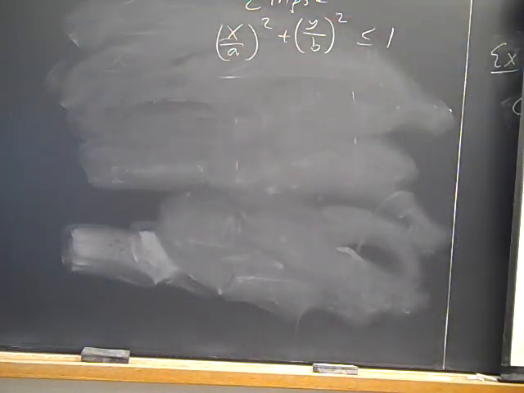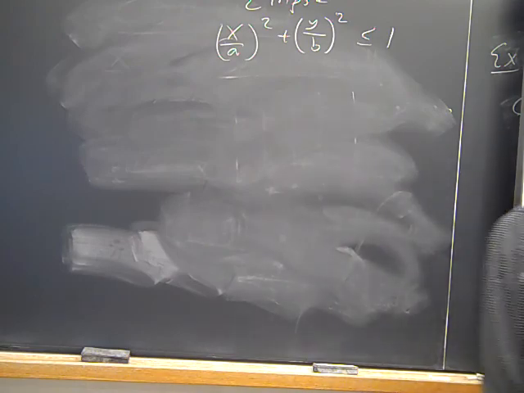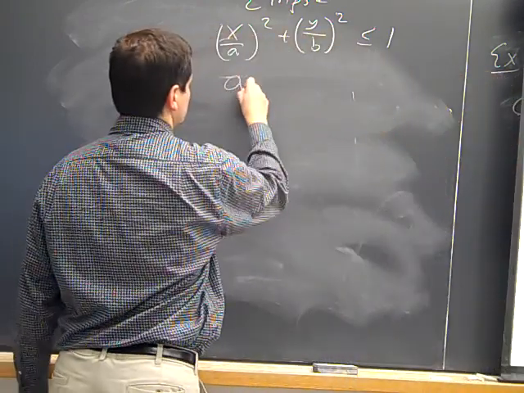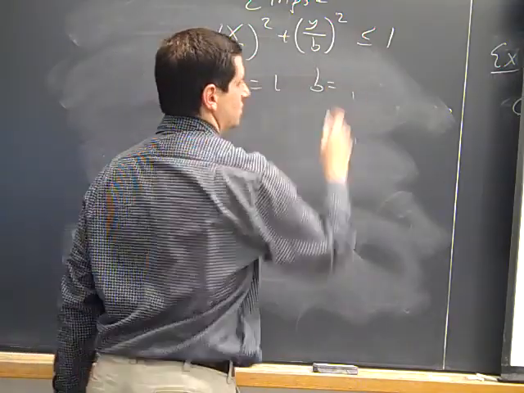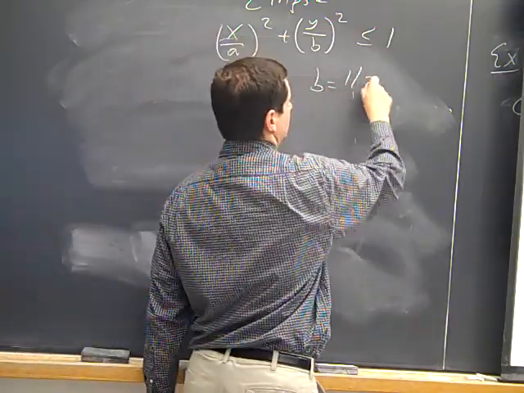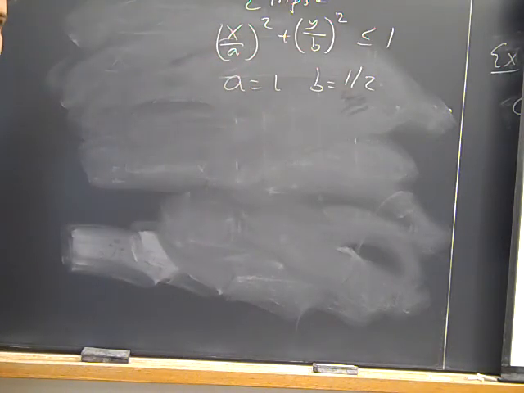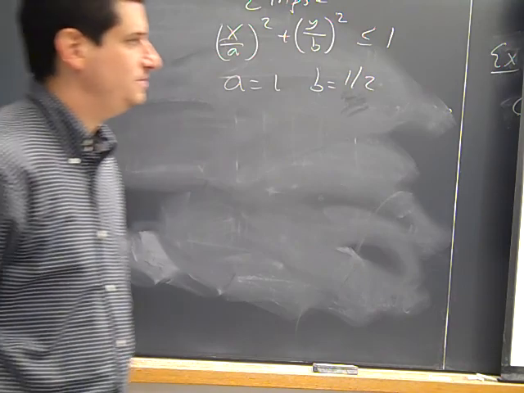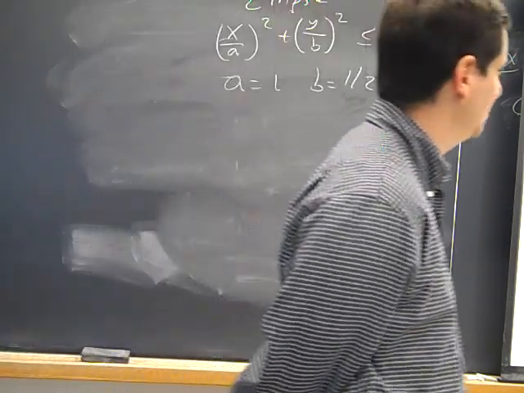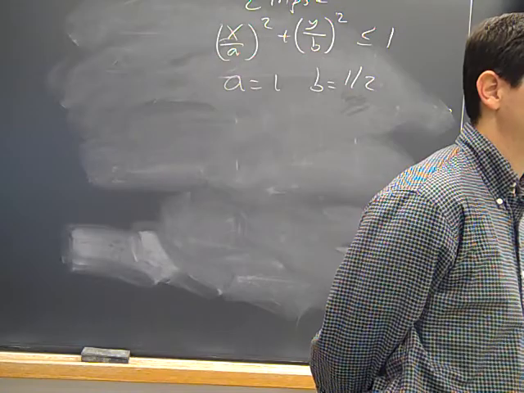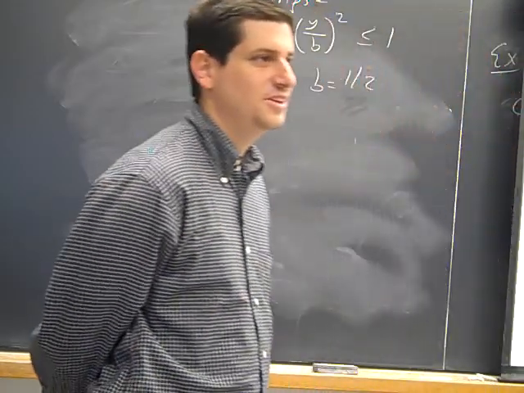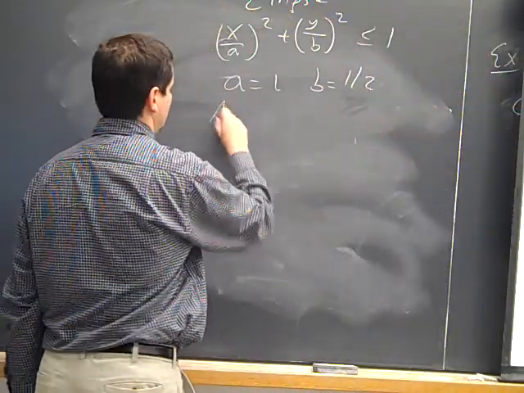A is 1, and b is a half. What do you guess for the area? So 1.586. Pi over 2.